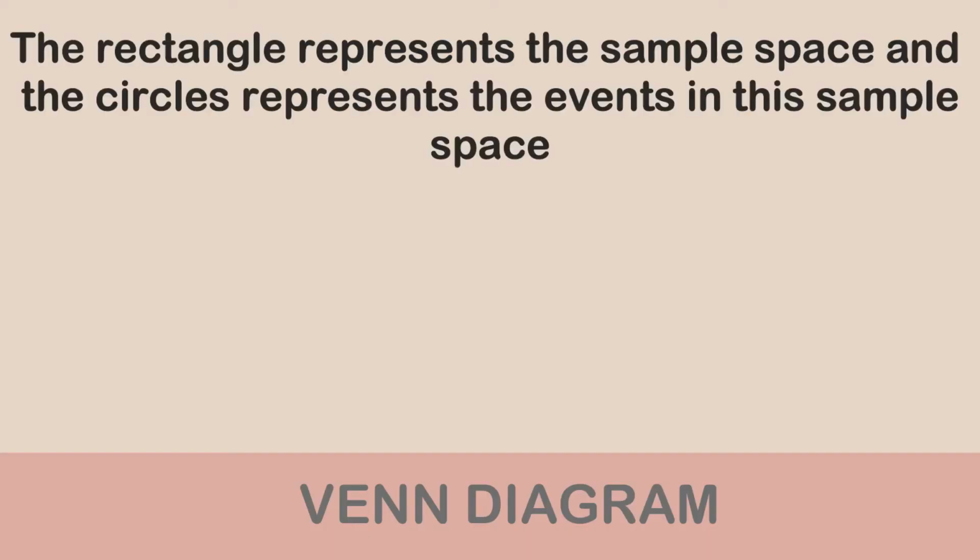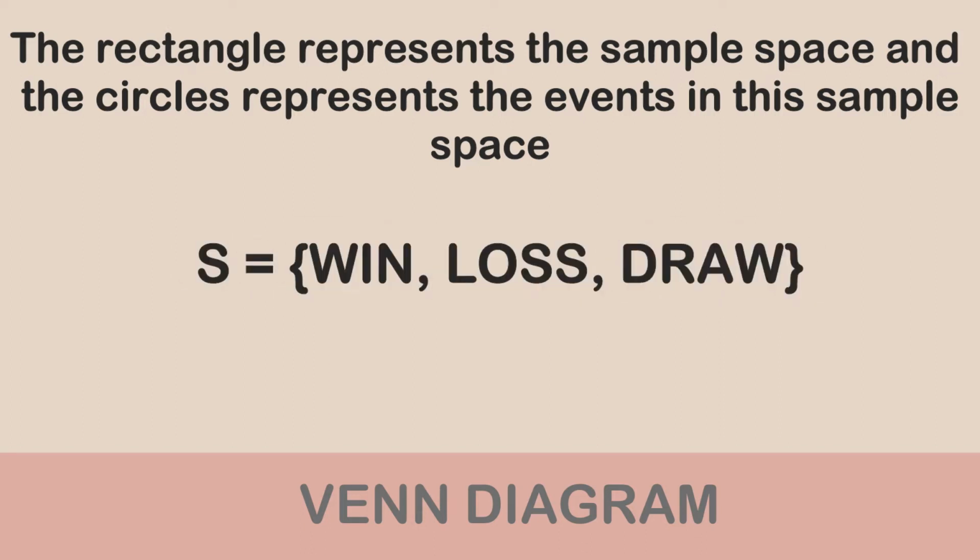So let's try to translate this to the concept of mutually exclusive events. The rectangle represents the sample space of the experiment and the circles represent the events of this experiment. So let's assume the experiment is a football match. The rectangle is going to represent the whole sample space, and for a football match we have just three outcomes, that is a win, loss and draw. So we have just three events in the sample space of this experiment.